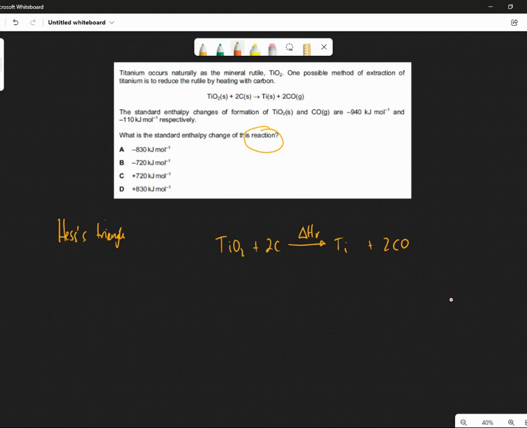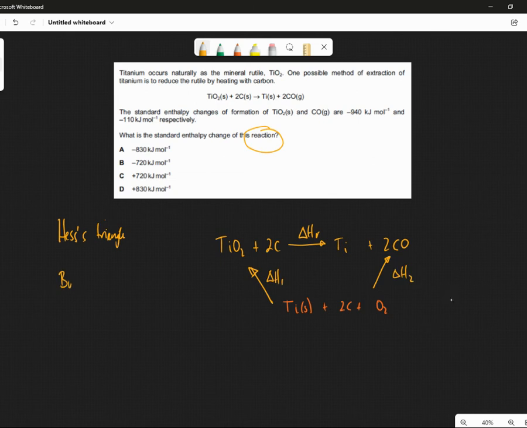So down here, I'm going to start with my elements, titanium and carbon and oxygen. From here to here is the formation of titanium oxide, and from here to here is the formation of 2 carbon monoxides. I'm going to call this transformation delta H1 and this transformation delta H2.